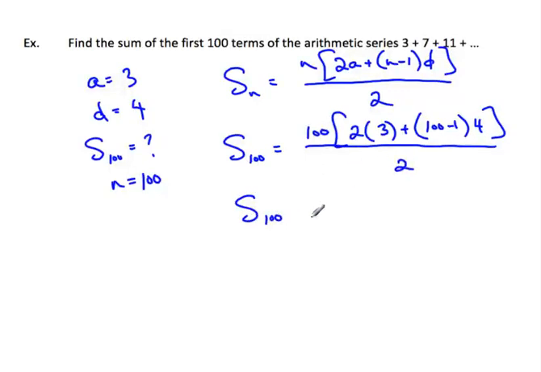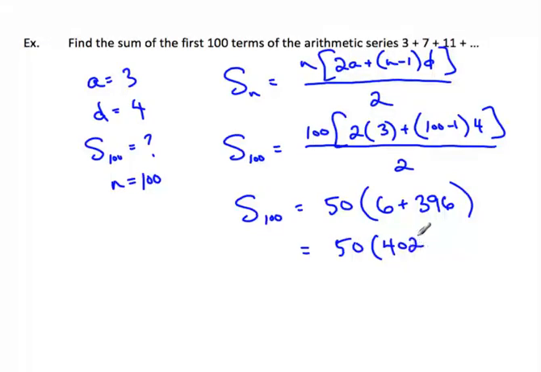If we cancel out the 100 and the 2 right away, we get 50 times 6 plus 99 times 4, which is 396. So that's 50 times 402, which is going to be equal to 20,100.